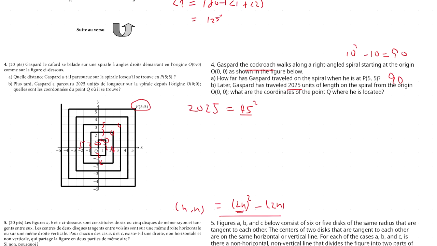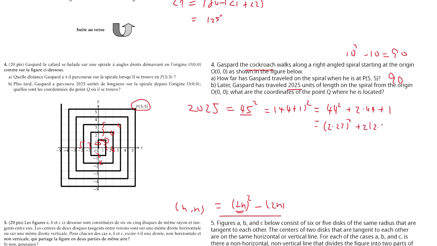But fortunately, we also have the identity of the square of a sum. If we rewrite it as 44 plus 1, it equals 44 squared plus 2 times 44 plus 1, right? And 44 is actually an even number. So it's 2 times 22 squared plus 2 times 22 plus 1.